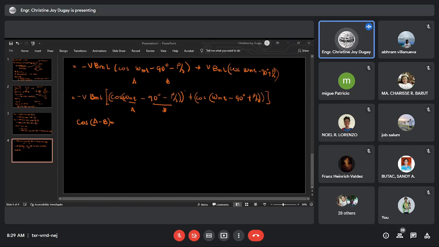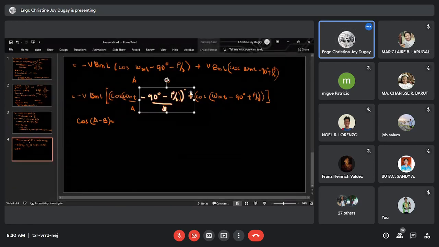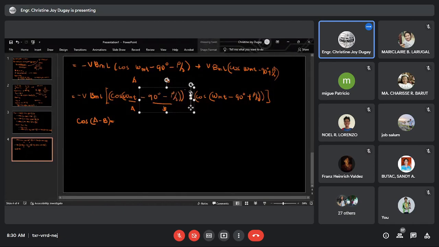So, since nilabas yung less, that is now negative. Pero kung positive ang ilalabas natin, maging negative ito. No, it's just the same, no?